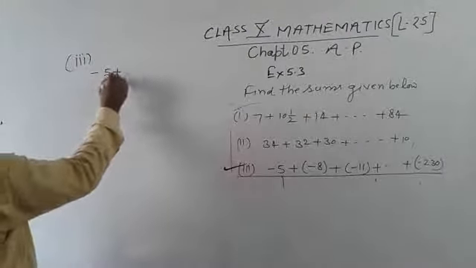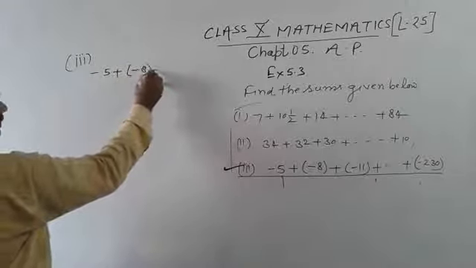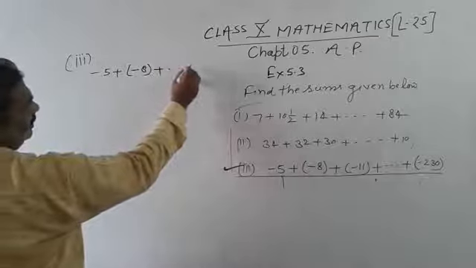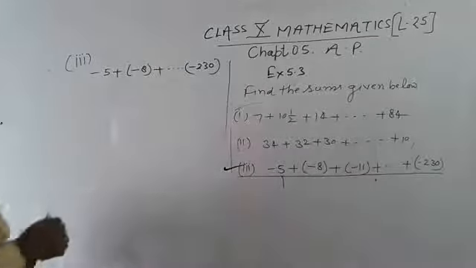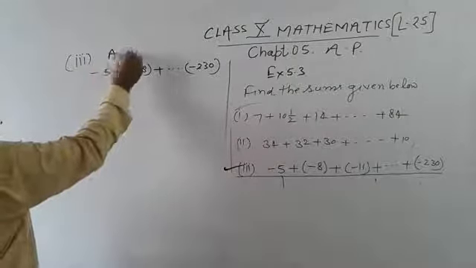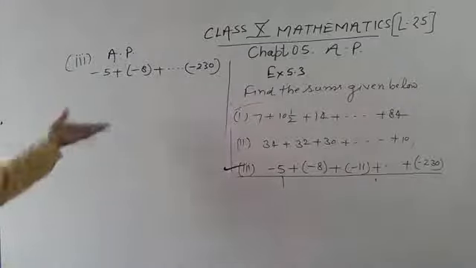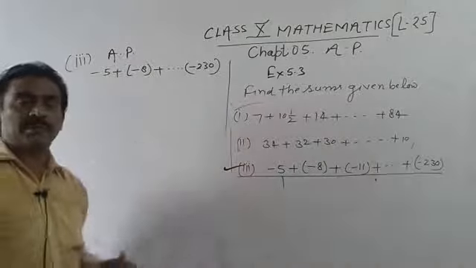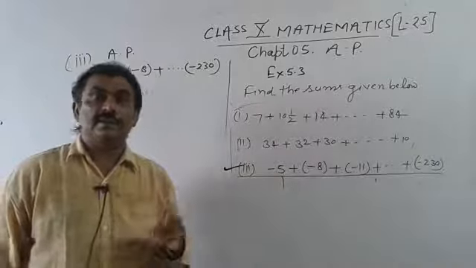Minus 5 plus minus 8 plus dash dash dash dash, lastly minus 230. So students, here this is an AP, and similarly you will solve the sum of all these terms. Before finding the sum of all these terms, you have to find the number of terms.